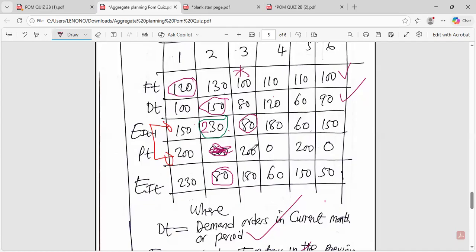It's not possible, so we require production of 200. So it will be 280 minus 100, which is 180.